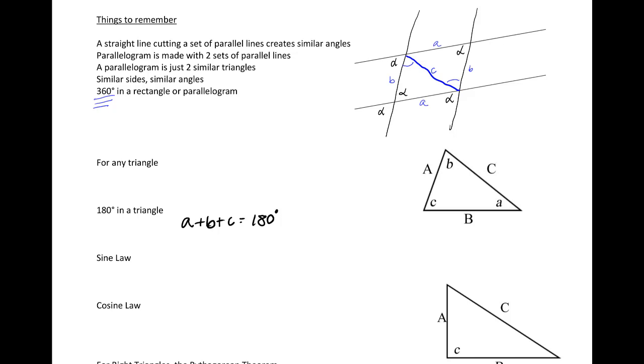Okay, another thing that happens on any triangle is that the sine law applies. We may write that if you haven't written that for a while. We're just going to say the sine of angle A over side A is equal to the sine of B over side B, equal to the sine of angle C over side C. The cosine law also applies.